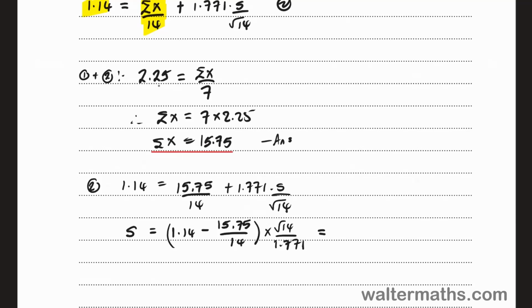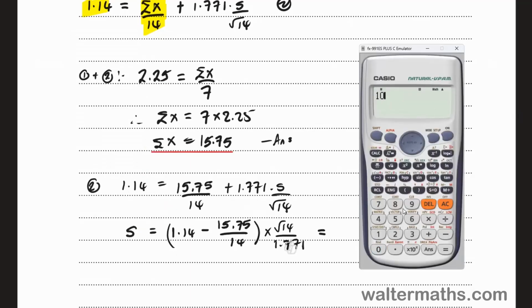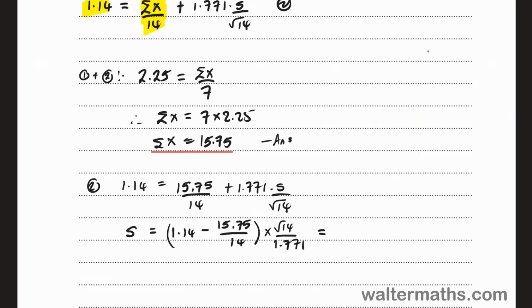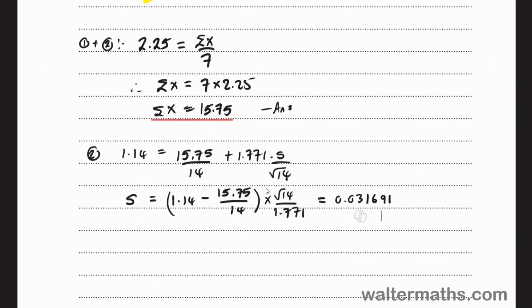And when we do that, let's see what we will get. All right, this gives us 0.031691. Okay, so that's the value we're getting for s.